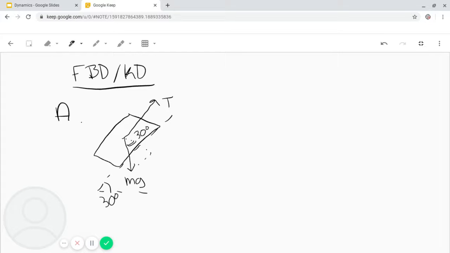If you imagine tilting that box, then that should be 30. And then, of course, it has a normal force as well.